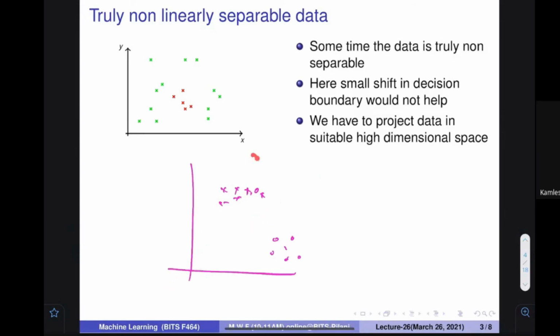But since there is one problematic point over here, you say that I would shift this line over here and try to see how much generalization we can achieve by this.